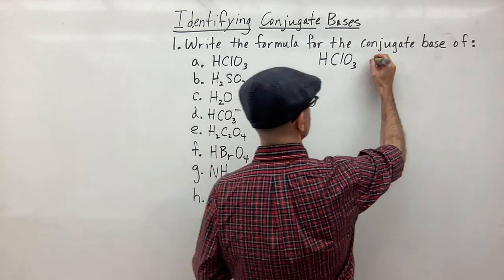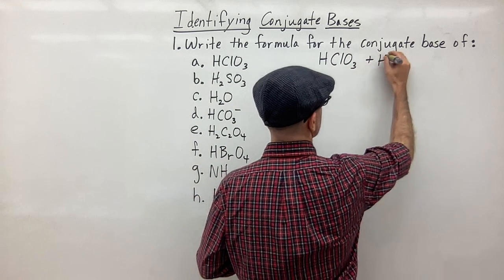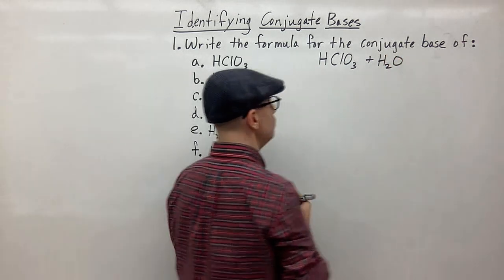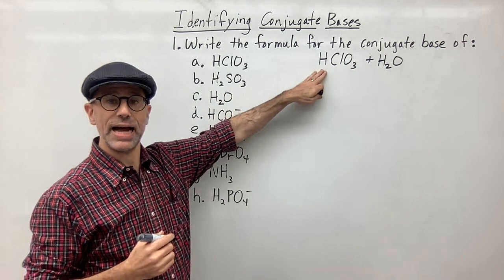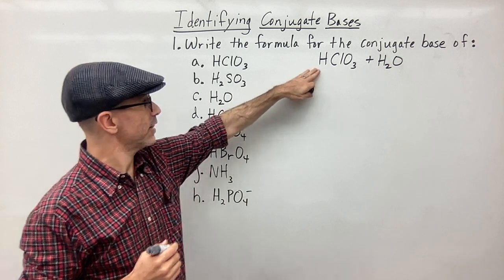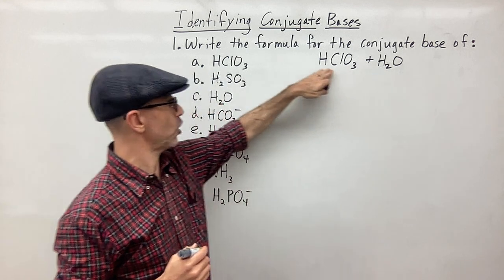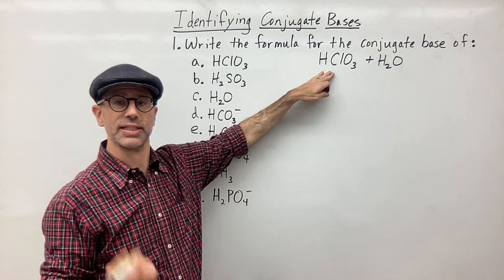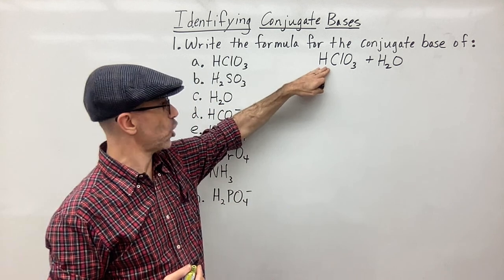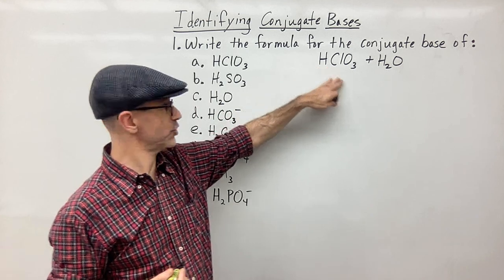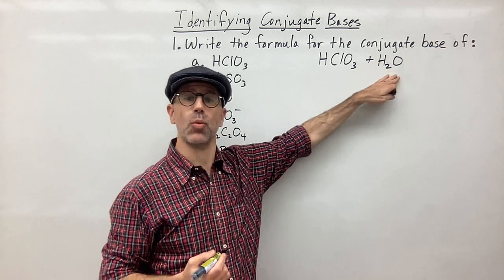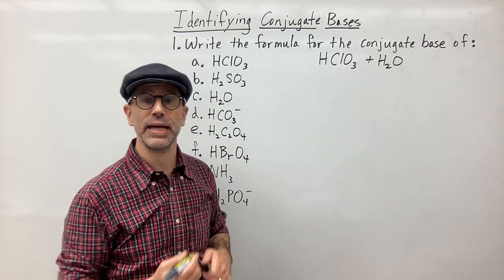If this reacts with water, because it's an acid, it's going to want to donate this hydrogen to water. So here we're thinking of this as a Bronsted-Lowry acid. It's going to donate a proton, or a hydrogen, to water. In this context, water is behaving like the base.